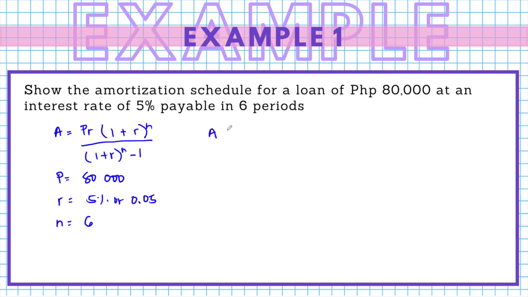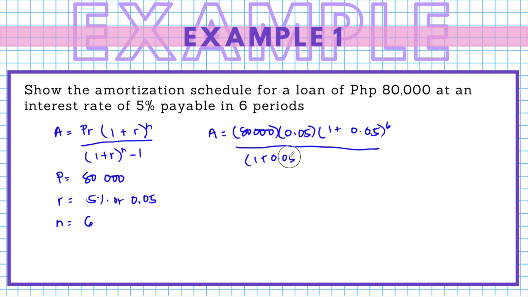Now let us try to substitute the following values. We have A is equal to 80,000 times 0.05 times 1 plus 0.05 raised to 6 over 1 plus 0.05 raised to 6 minus 1.